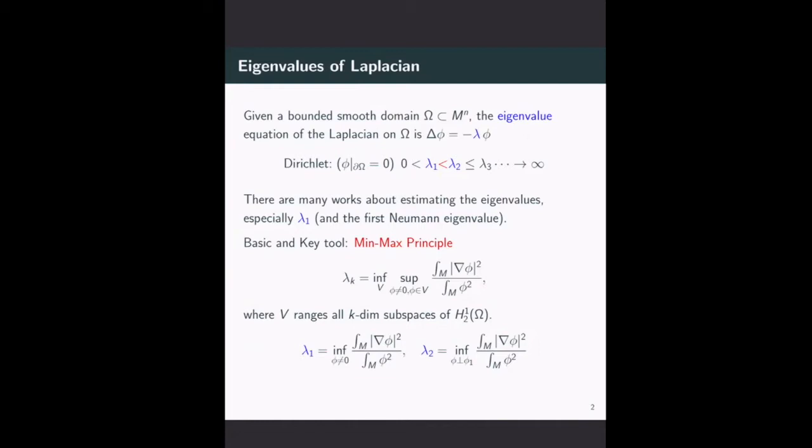The first eigenvalue is the infimum of the integral of gradient phi squared over the L2 norm of phi squared. This is a normalizing factor, otherwise you could just multiply the function by a constant. And for the second eigenvalue, you still take the infimum, but over all functions that are perpendicular to the first eigenfunction.